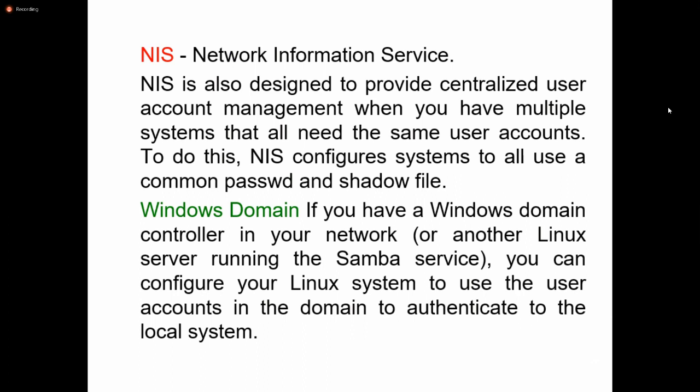Right, to do this, NIS configures systems to all use a common password and shadow file. So in the NIS server, it also contains a passwd and there's also a shadow file. These two files contain all the user details which should be there, right?